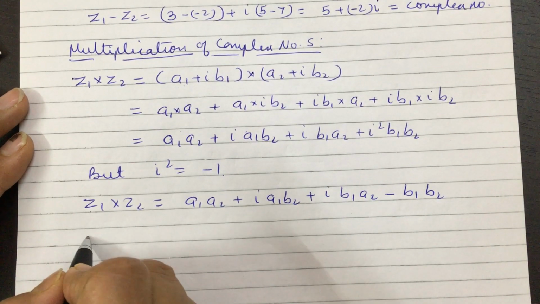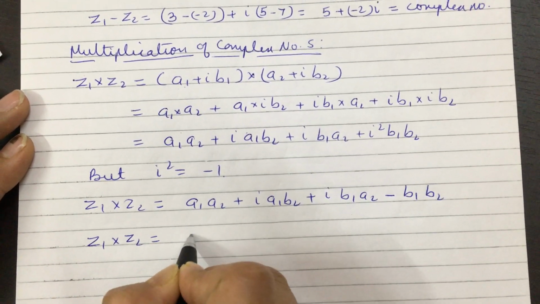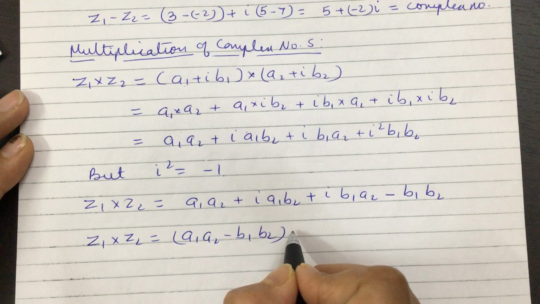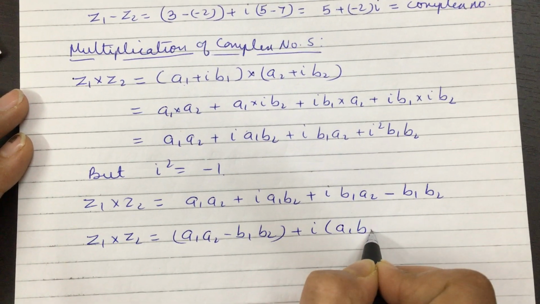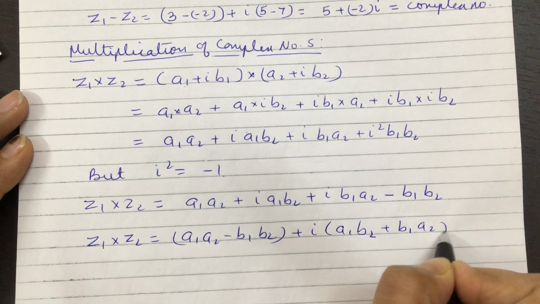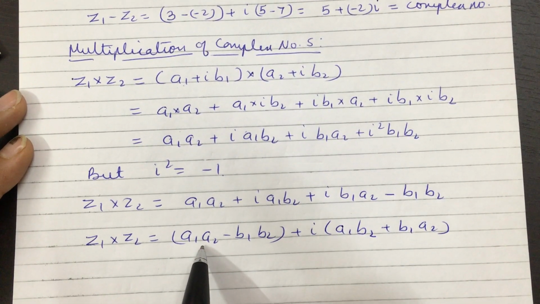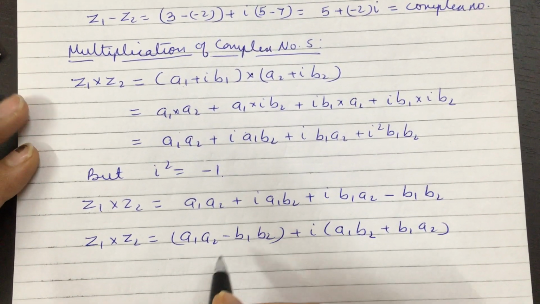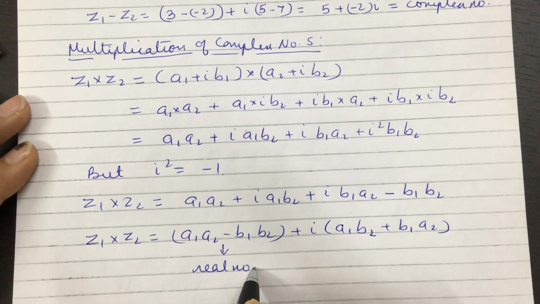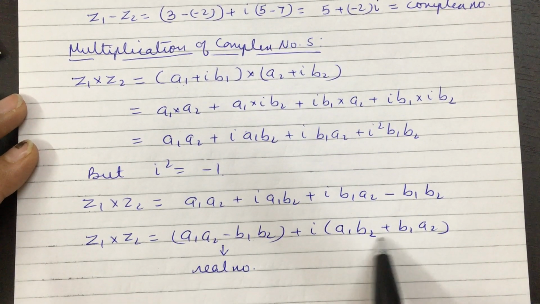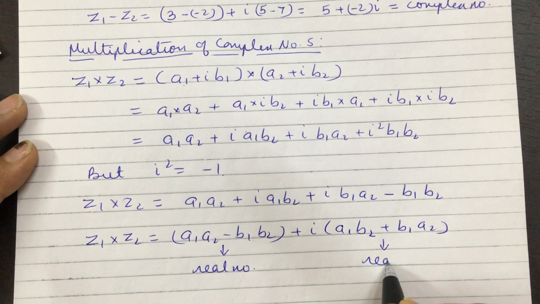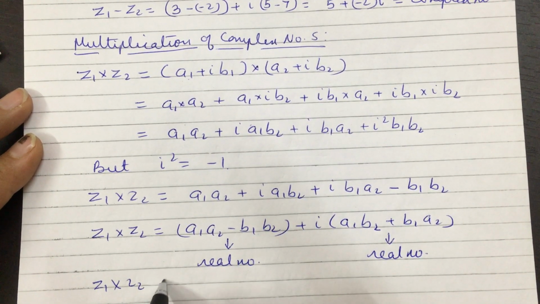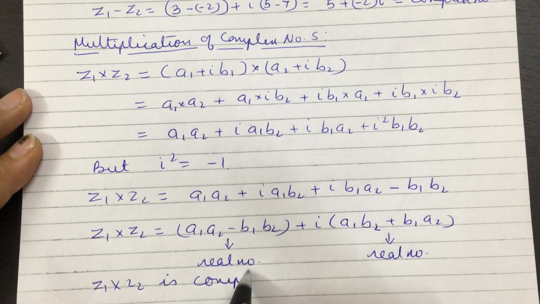Collecting the real and imaginary parts, we get z1 into z2 is equal to a1 a2 minus b1 b2 plus i times (a1 b2 plus b1 a2). Clearly a1 a2 minus b1 b2 is the difference of the products of real numbers, which is a real number. In the same way, here also it is a sum of the products of real numbers, so this is also a real number, and so z1 into z2 is another complex number.